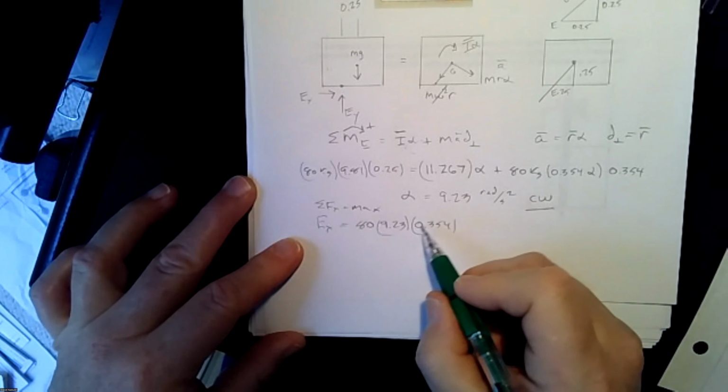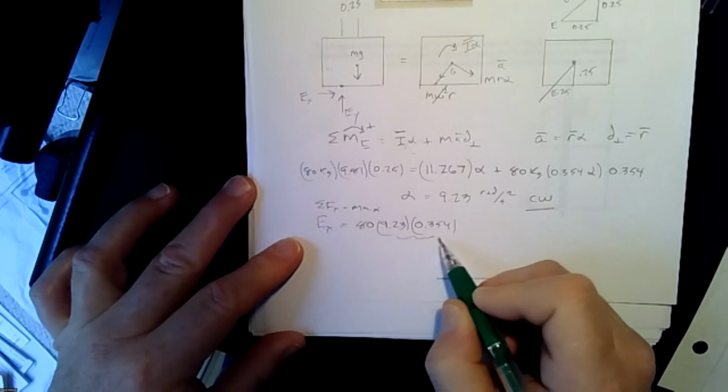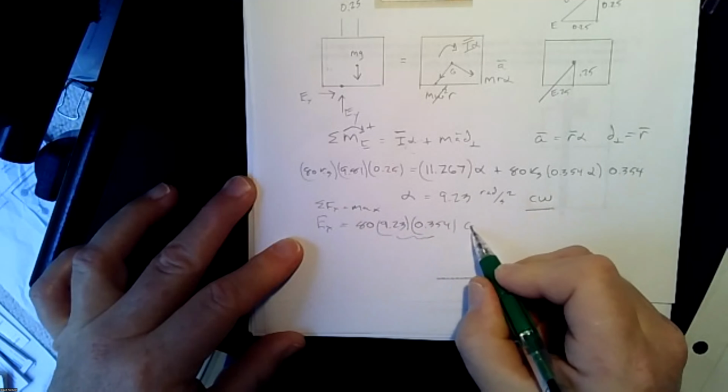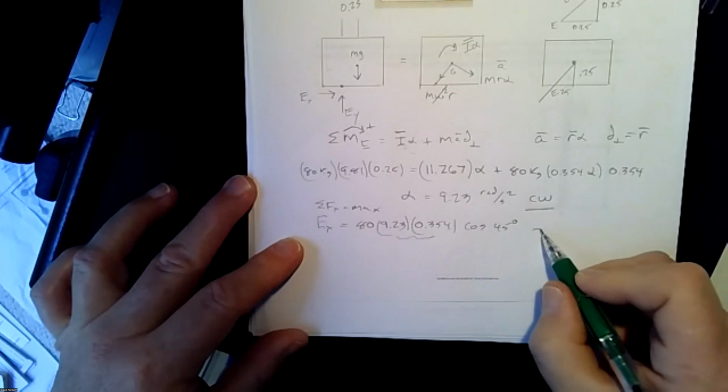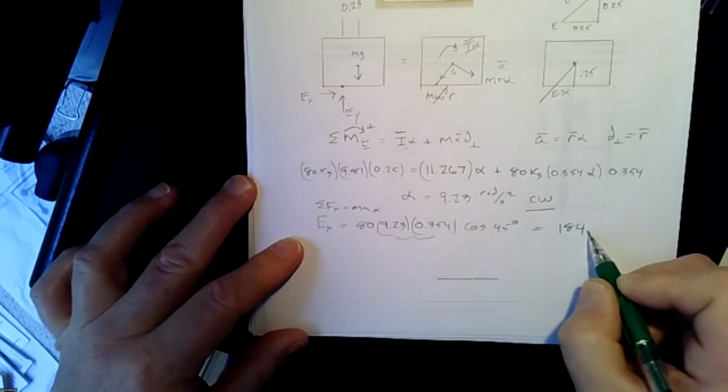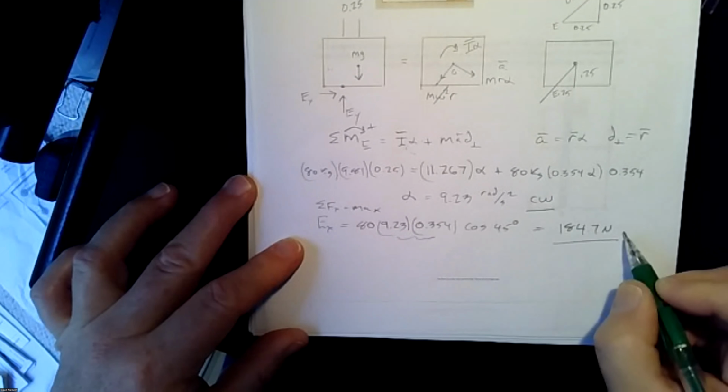So again, the acceleration is a combination of those two, and then cosine 45. And so that gives us 184.7 newtons as our Ex.